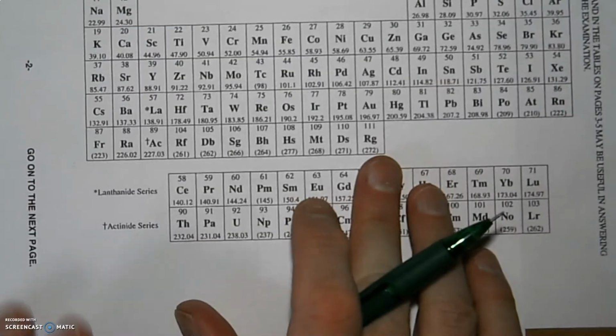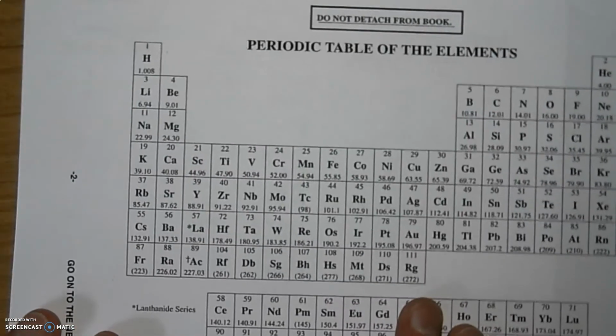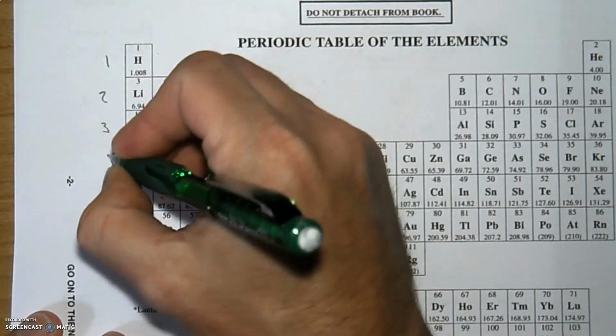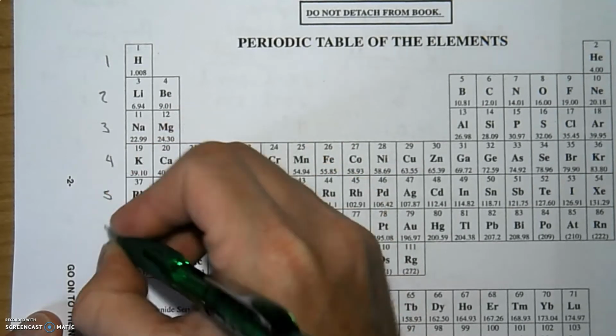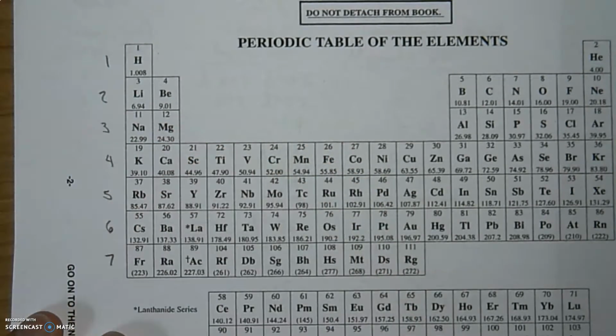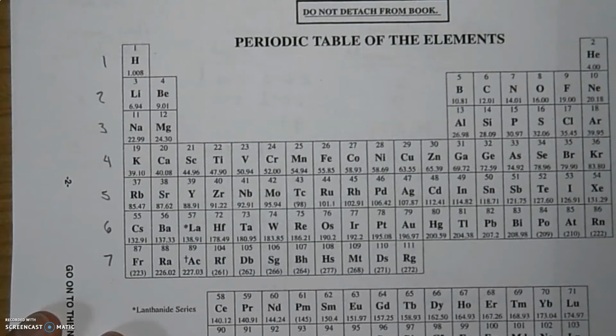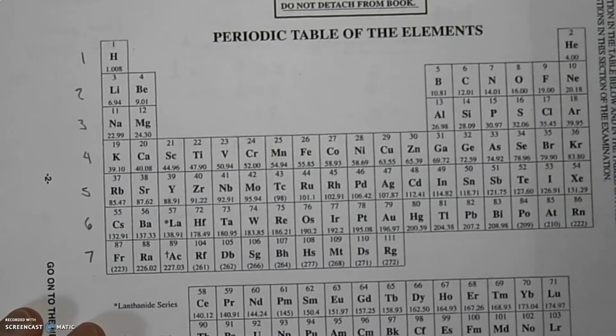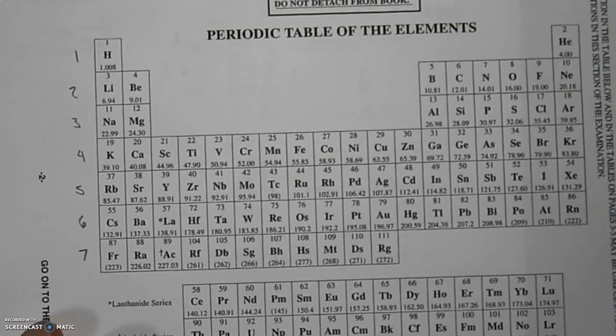So our handy dandy periodic table doesn't actually label the energy levels, so I'll just go ahead and write them in. 1, 2, 3, 4, 5, 6, 7. All right, this is as good a time as any to talk about how we can eventually do electron configuration, which we'll get to later on.